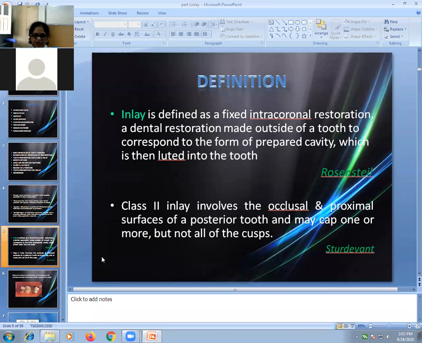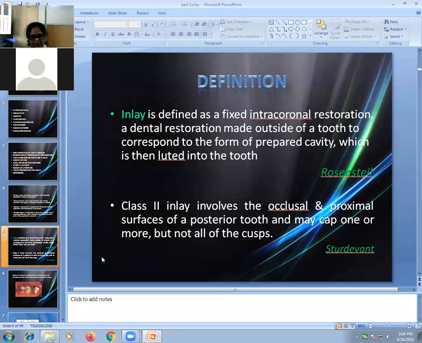So if you want, you can note down the definition. This is a fixed intracoronal restoration, a restoration which is made outside of the tooth, which corresponds to the form of the prepared cavity, and which is then luted into the tooth.